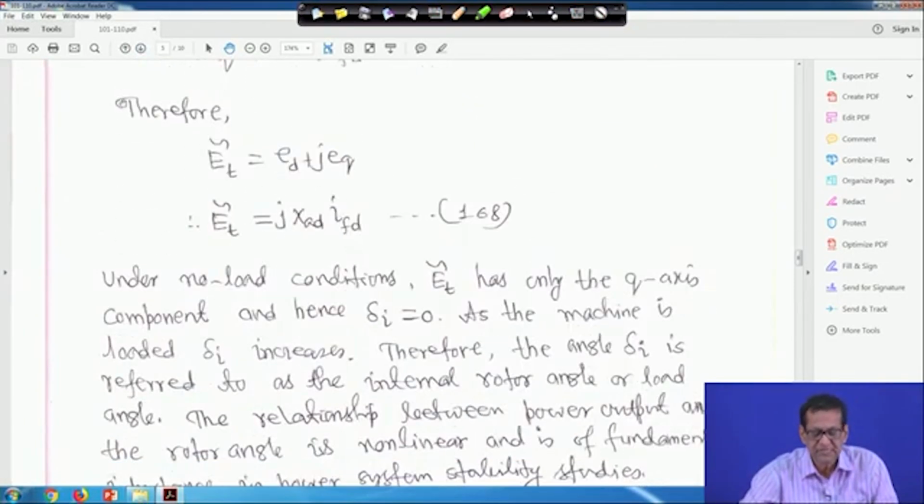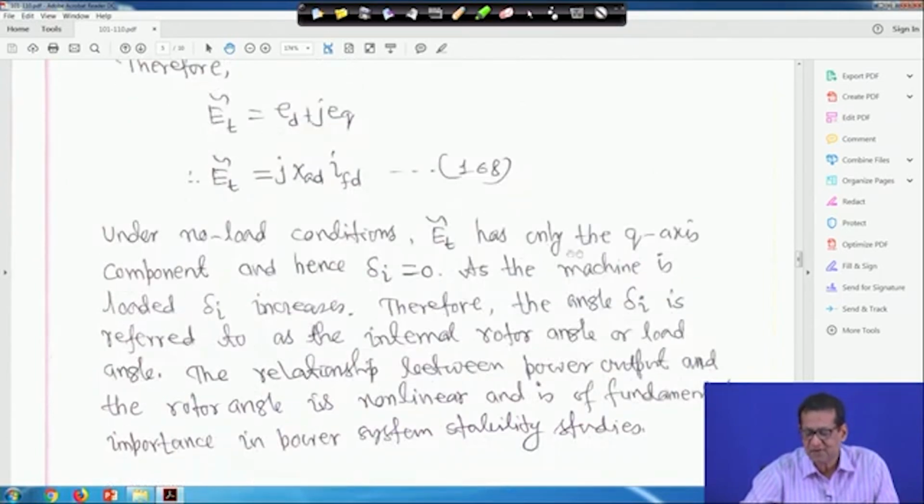Therefore, ET tilde, we know, is ED plus JEQ, but ED is equal to 0, therefore ET tilde will become JXAD into IFD. This is equation 168, right. So, under no load conditions, ET tilde has only the q axis component and hence delta is 0.